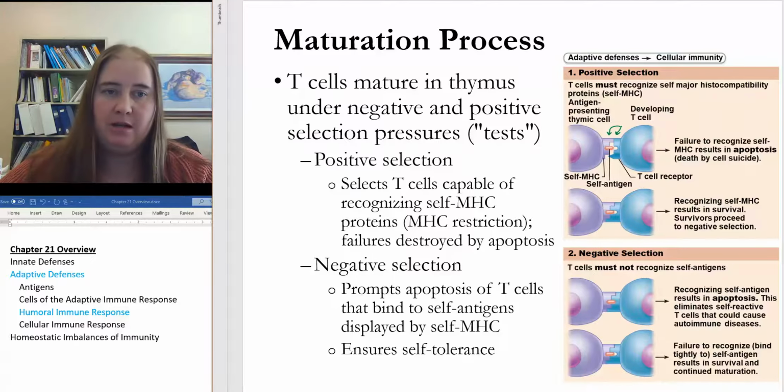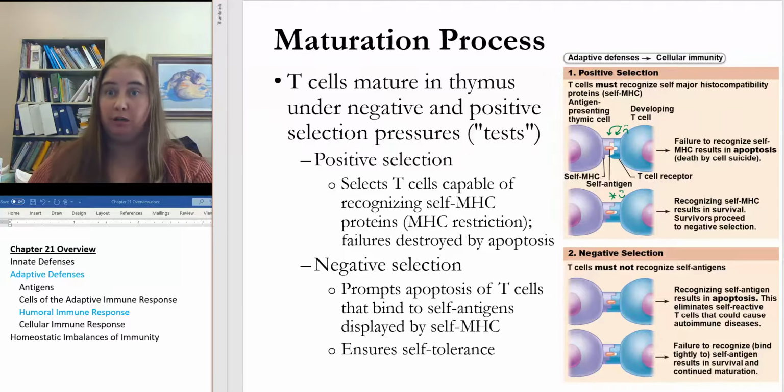Now you can see here, it doesn't recognize that. However, here, it does. So sad face up here, happy face down here. So again, that's the positive process, positive selection. Positive is something good. We recognize something. We know something.